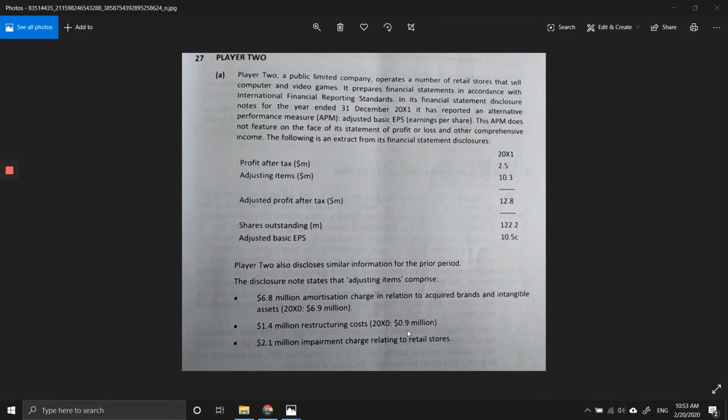Earlier it was 0.9 million, so 7.8 million in the earlier year adjusting items. And then 2.1 million impairment charge related to retail stores. Impairment has occurred.